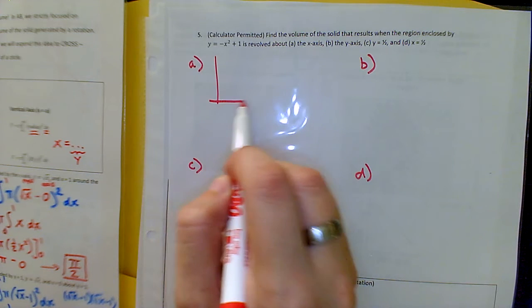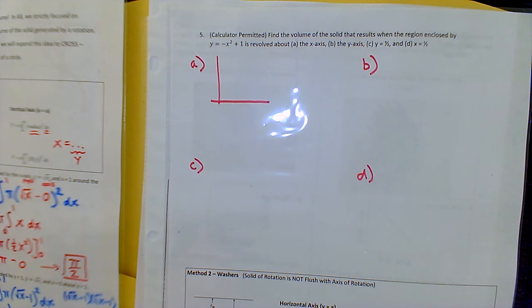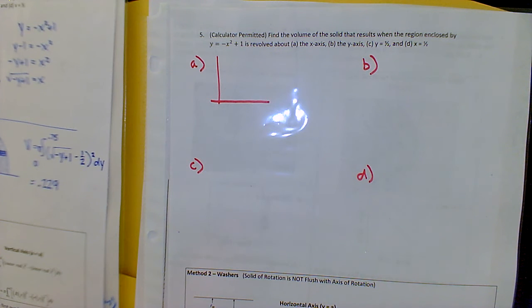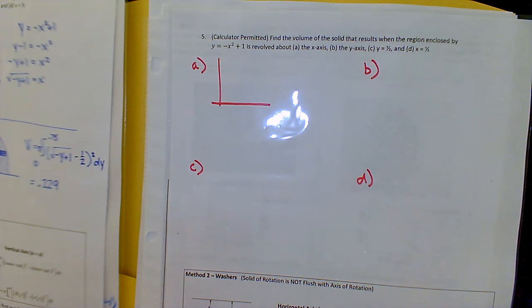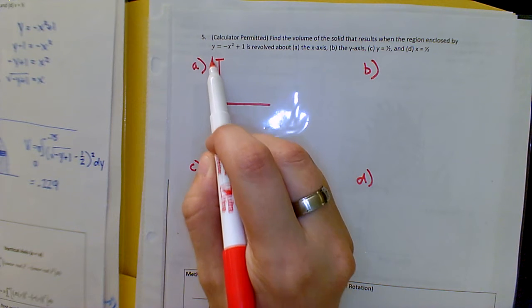So our first graph, if we were to graph negative x squared plus 1, can you describe the shape of the graph? I know it says calculator permitted, so you could always graph it to get a picture, but can you anticipate in your head what it should look like before you actually graph it? Remember transformations? Crosses at 1.